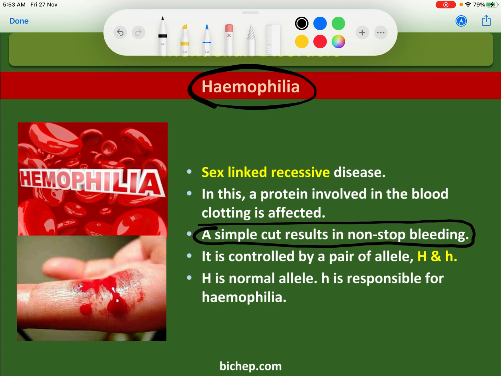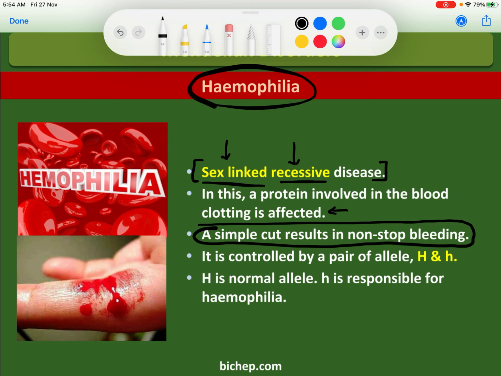Now what is hemophilia? It is a sex-linked recessive disease. How to identify whether it is recessive or dominant, and whether it is autosomal or sex-linked, we already have covered. So straightaway we are discussing the type of disease right now. It is a sex-linked recessive disease, and in this a protein involved in blood clotting is affected.